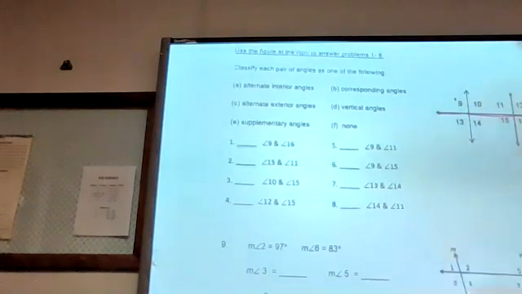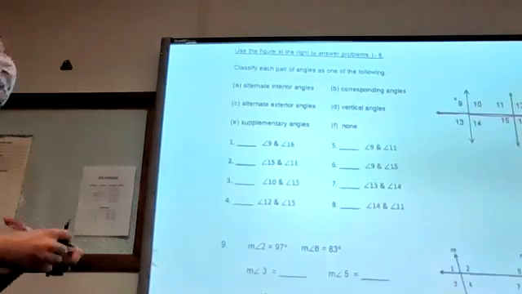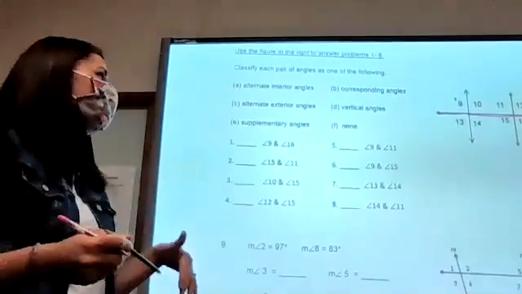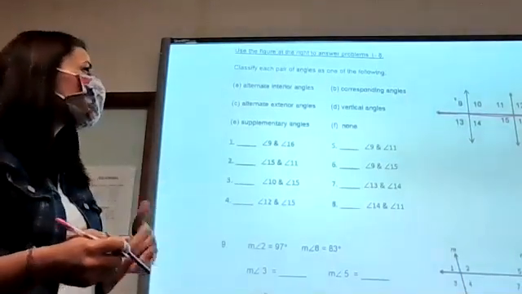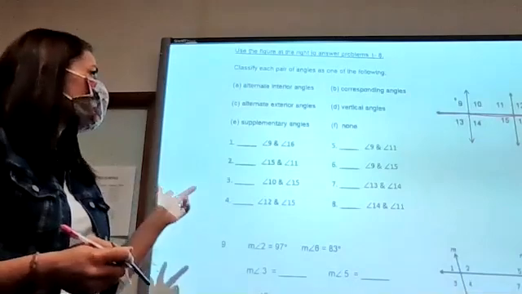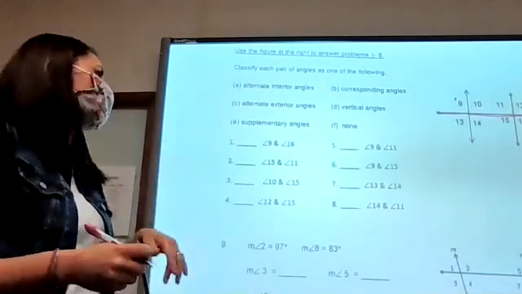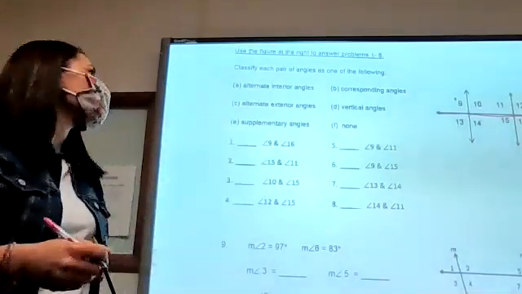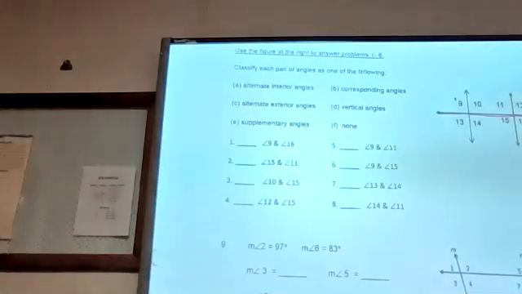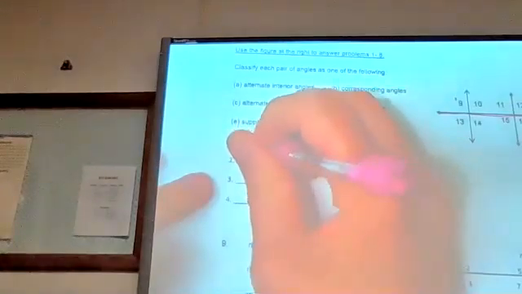Transversal, remember, hitting 2 or more lines. 9 and 16 are not on the same side. So right away, I shouldn't be thinking about same side. I should be thinking about alternate. They don't even list same side as an option. They list supplementary angles as an option. So 9 and 16 are C, alternate exterior angles.